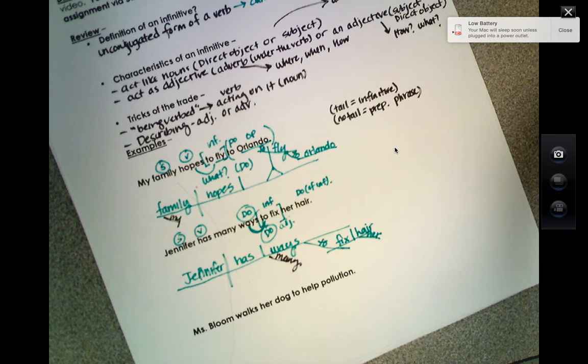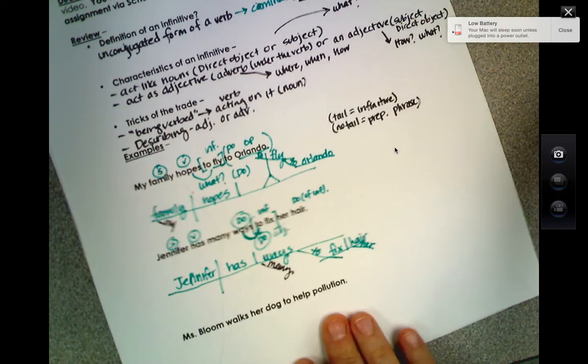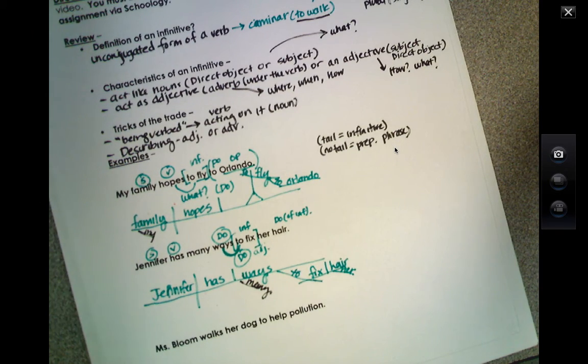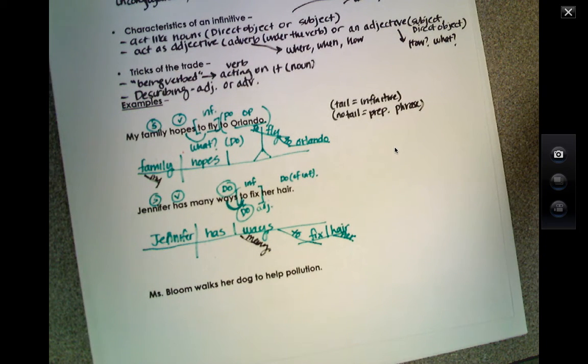So, we're going to do one more. Go ahead and flip your paper over. And we're gonna do the Miss Bloom one. So Miss Bloom walks her dog to help pollution.